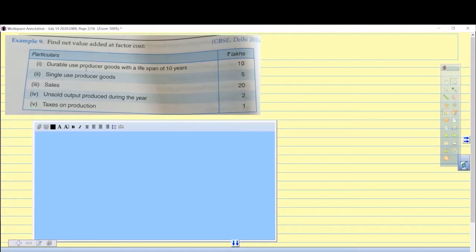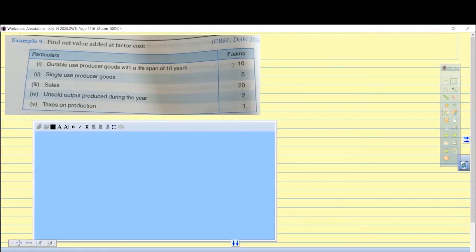So in this particular question, the cost of the durable use producer goods stands for the machineries, right? Machineries are kind of durable producer goods, meaning producer goods which can be used for many years, right? So that particular machine is having a lifespan of 10 years and the cost of that machine is 10 lakhs.